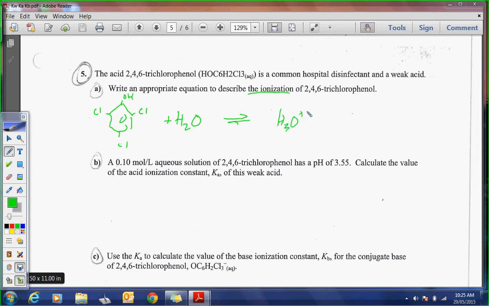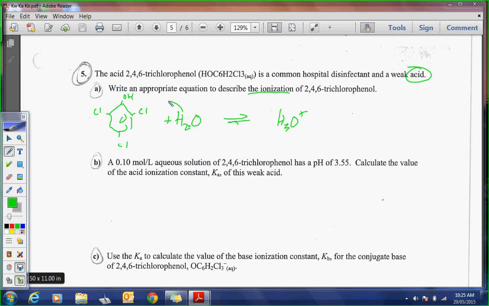H3O plus. What makes you so confident you're going to make H3O plus? Because it calls it an acid. Okay? Because right now you're out of your comfort zone with this crazy molecule. But because it says acid, you're going to make H3O plus. If it's a base, you're going to make OH minus. So that means that this guy has to become OH minus by giving a proton. Right?